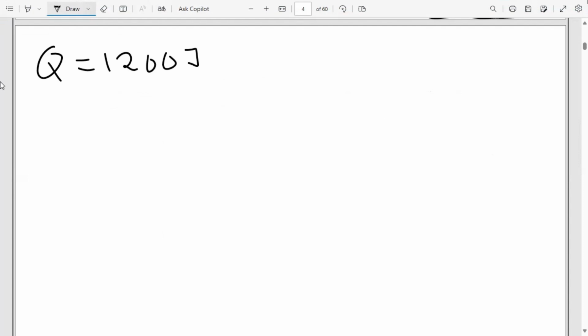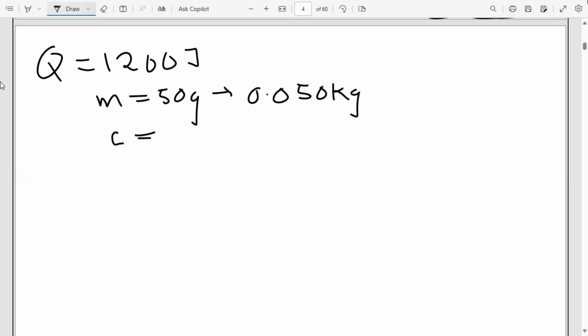We've also been given the mass of the copper, 50 grams. You can convert this into kilograms by dividing by 1,000, and we're going to get a mass equal to 0.050 kilograms.